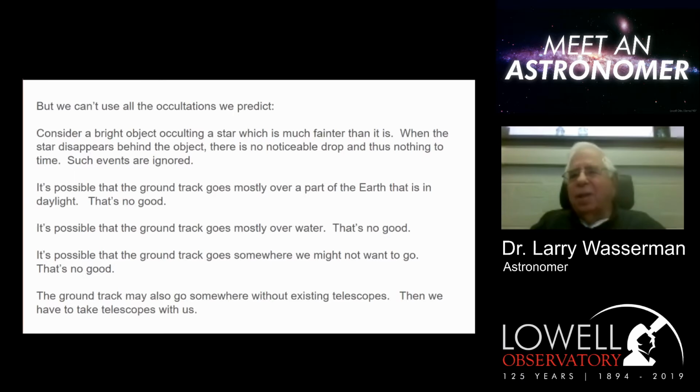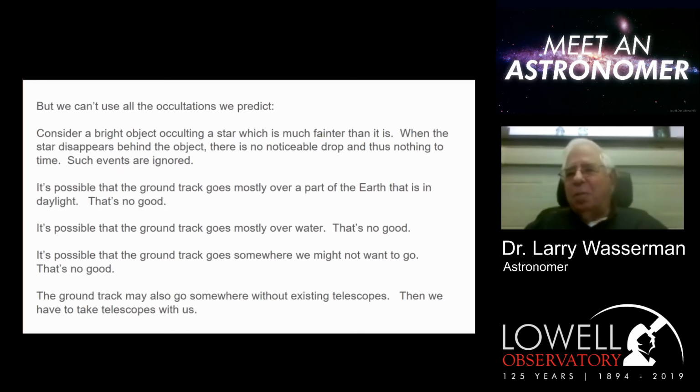It's possible that the ground track goes mostly over water. 3/4 of the Earth's surface is water. Can't do that. Well, actually, we can in a way, and I'll discuss that later. But in general, I can't balance my telescope in the middle of the ocean. It's also possible that the ground track goes somewhere we might not want to go.